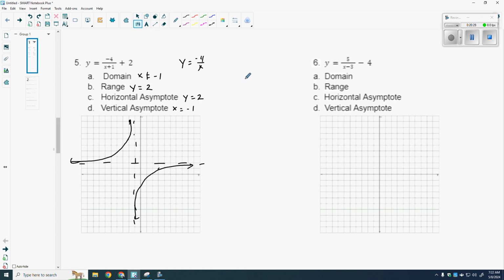Okay? All right. Horizontal asymptote, y equals negative 4. Vertical asymptote, x equals positive 3. What makes this 0? And then whatever number's sitting there. Negative 4. 1, 2, 3, 4. Positive 3. 1, 2, 3.